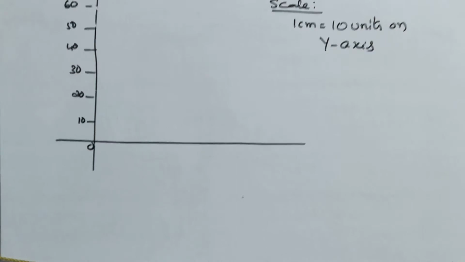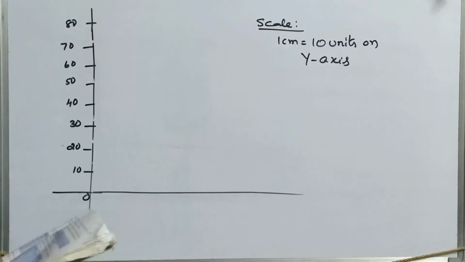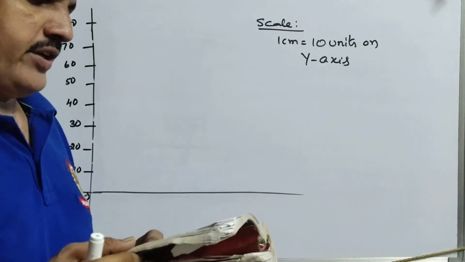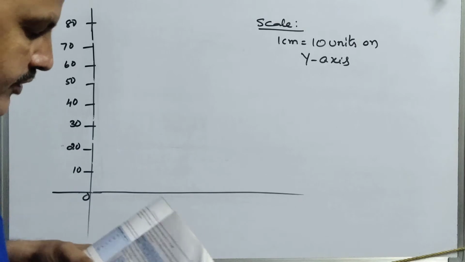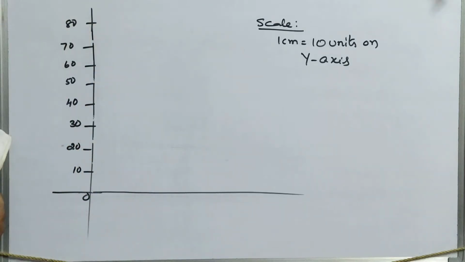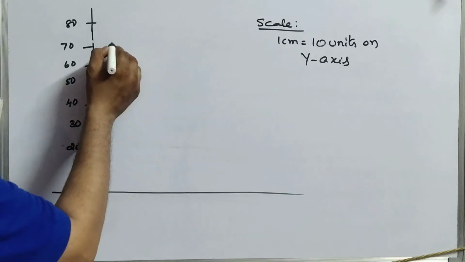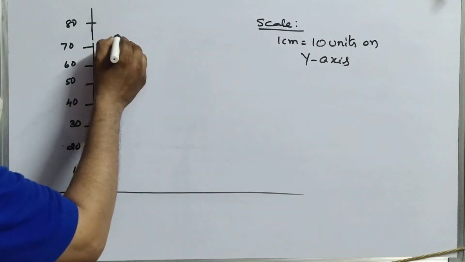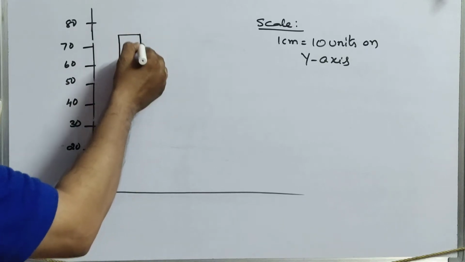You can check the highest number there: 75, 55, 37, 29, 10, 37. The highest is 75, so you can take up to 80. Now party A, that means 75. So here 70 and 5 will be here, that means 75. You can draw the graph using a ruler.